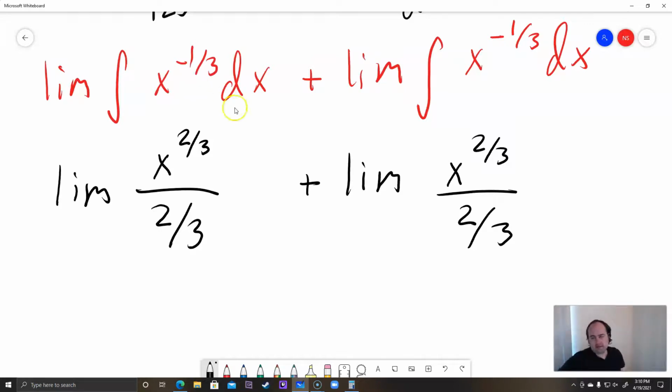Okay, so that's the antiderivative. And remember, if you're dividing by a fraction, that's the same as multiplying by the reciprocal. So we flip over the 2/3 for each of these, and then we can factor it out of the limit. We're going to have a 3/2, and we bring that out front.